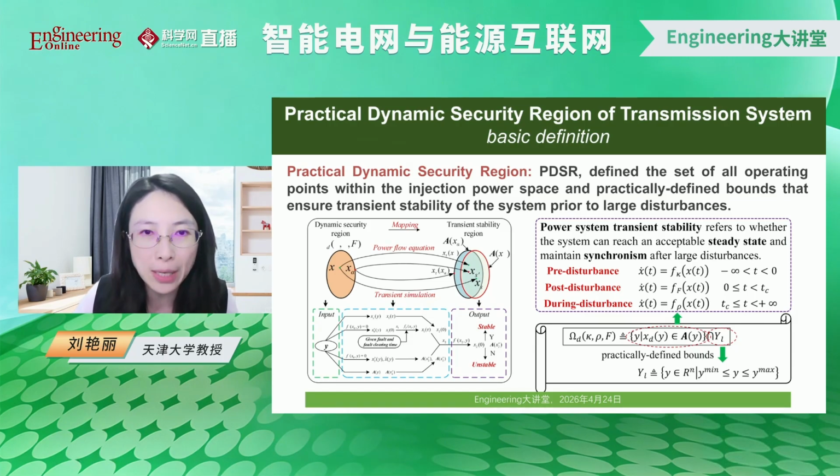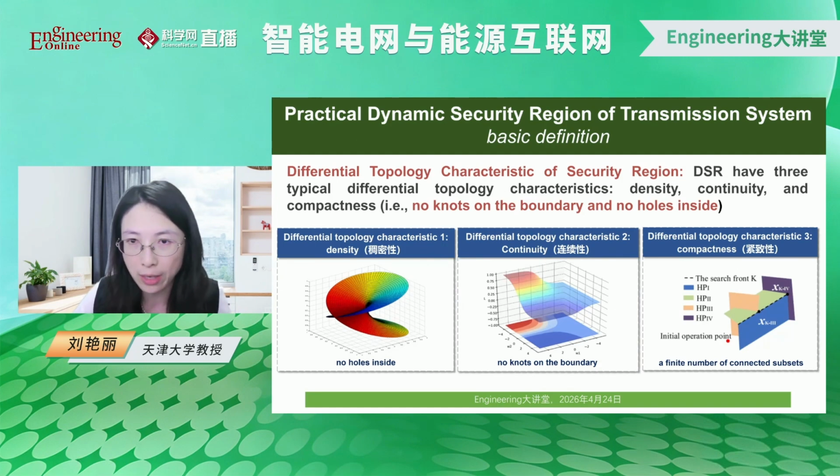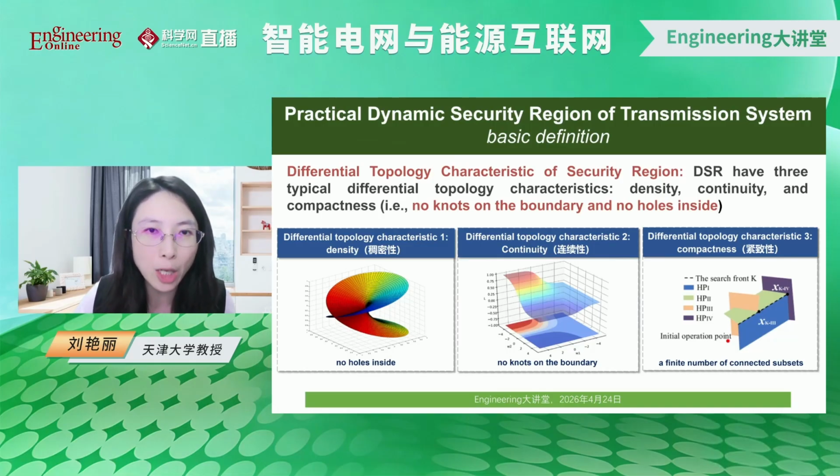During the past history of research conducted by Tianjin University, regarding the practical dynamic security region of the transmission system, we concluded some differential topology characteristics about it. There are three very important ones.